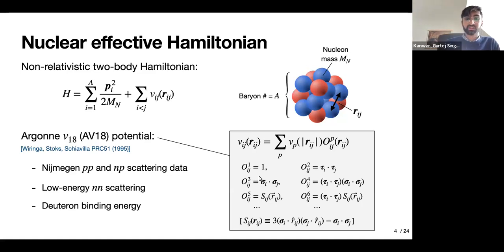There's a much more detailed potential that's been written down, and the coefficients and parameters have been fitted to this data. But the details of that are not so important for the story today. And in fact, the numerical studies that we ended up doing focused just on the v6 and v4 prime potentials, which are essentially projections of this v18 onto either the first 6 or the first 4 operators, respectively.